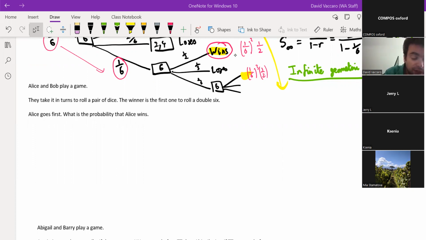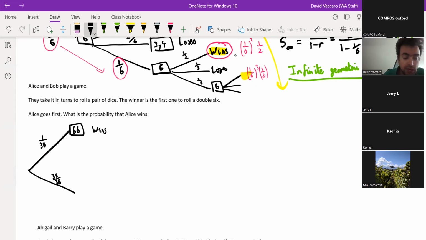So Alice goes first, and she either wins with probability 1/36, so she gets a double 6, and she wins. She could not win, which happens with probability 35/36. And then 2 things can happen.